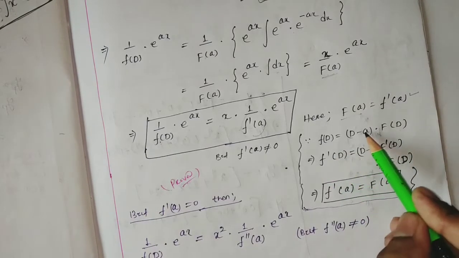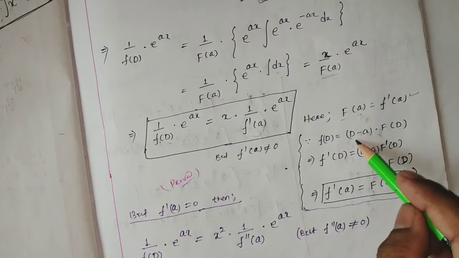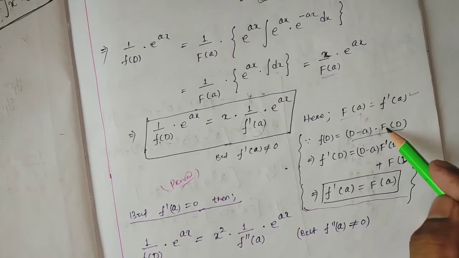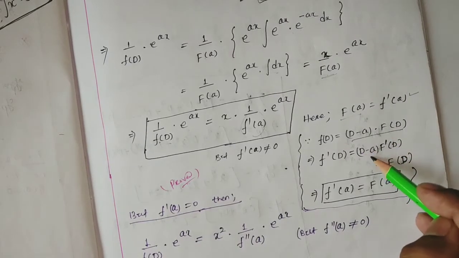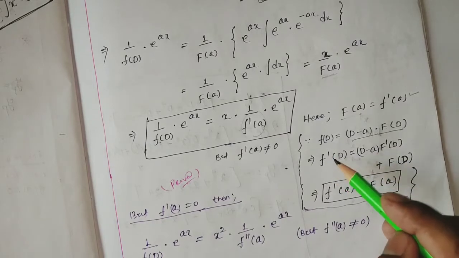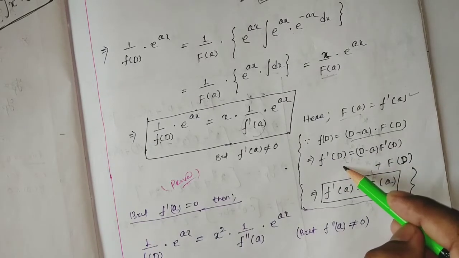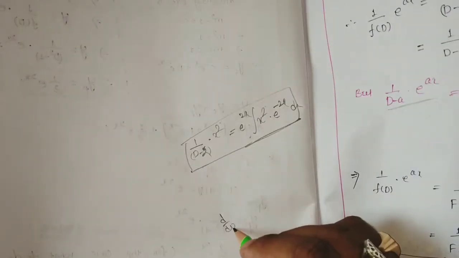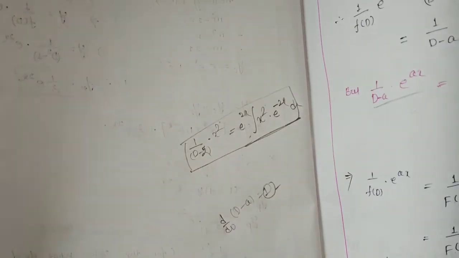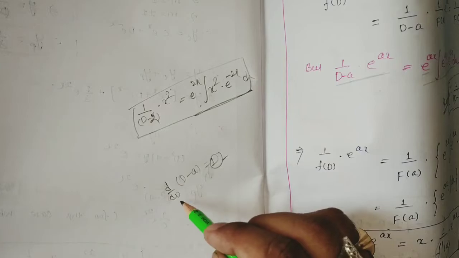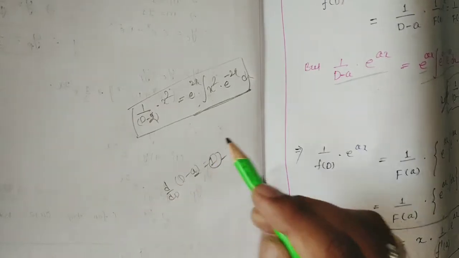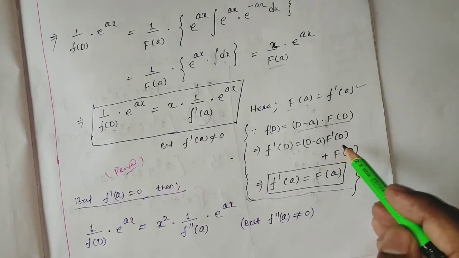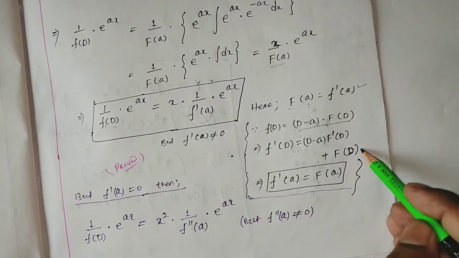So f dash D equals, here we have to use the product rule: (D minus a) into F dash D plus F of D, differentiating with respect to D. If I differentiate D minus a with respect to D, d by dD of D is 1, and d by dD of a, a constant, is 0.